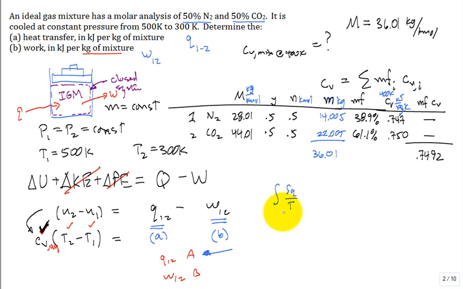Why? Somebody else that's a little gutsy and can answer out loud on behalf. You voted for B. Why did you vote for B? What tempted you to vote for B? This is an ideal gas. It's just expanding or contracting. It's in a piston cylinder apparatus.